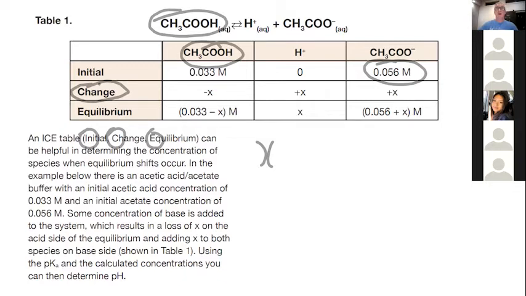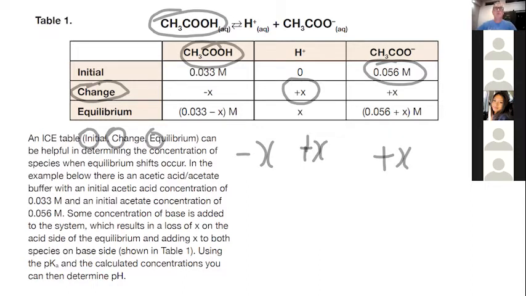So the concentration of acetic acid will go down by minus X. H plus will increase by exactly the same amount because it's a 1-to-1-to-1 ratio. For every mole of acetic acid that dissociates, you get a mole of H plus and a mole of acetate ion. So H plus will go up by X and acetate will go up by X as well.